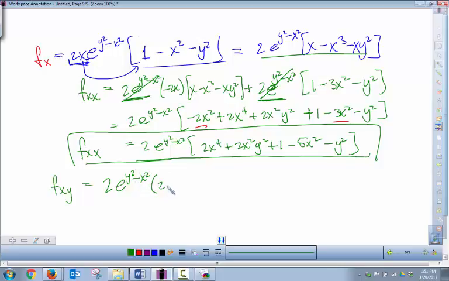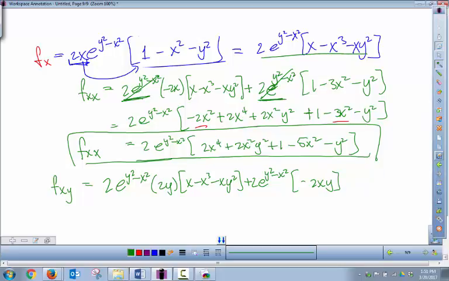This would be 2y times the second plus the first times the derivative of the second. Well, most of them disappear. 2xy. Anything we can factor?